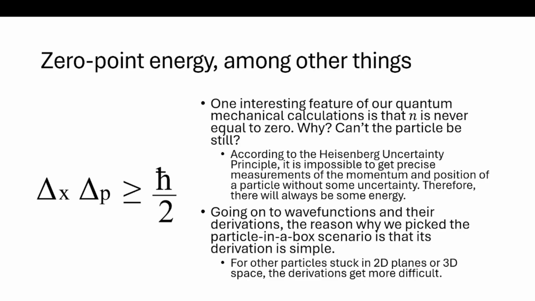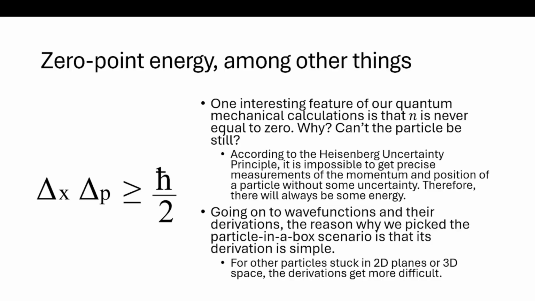Now, here's one interesting thing that I found while I was studying this chapter. Remember when we were discussing energy levels and the different wave functions and probability densities that were associated with these energy levels? Well, that principal quantum number, n, was always an integer above 0.